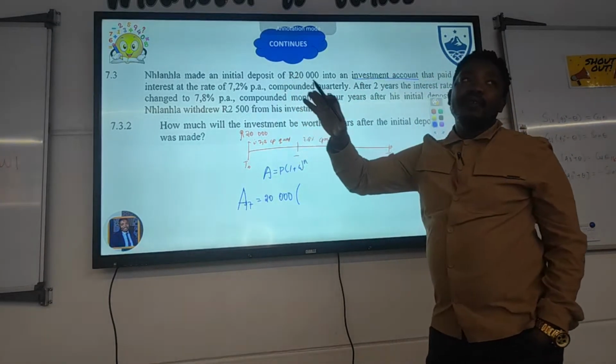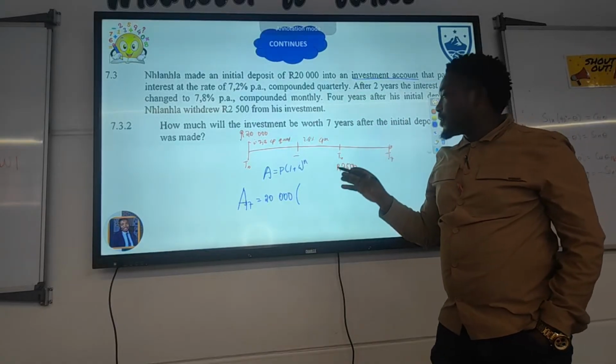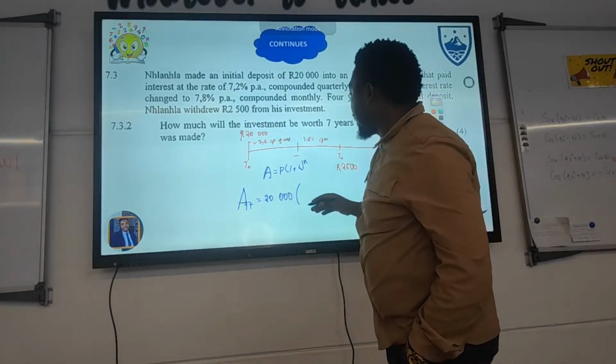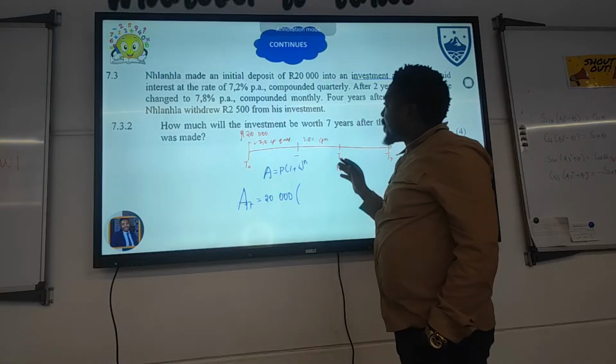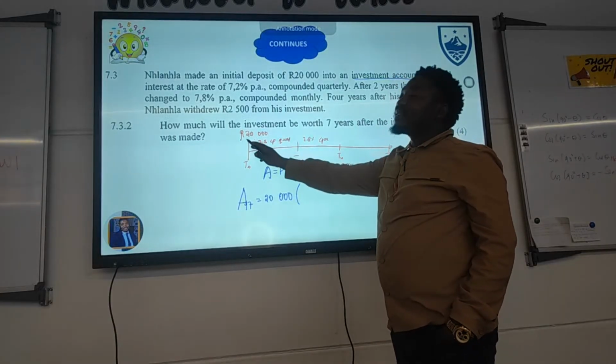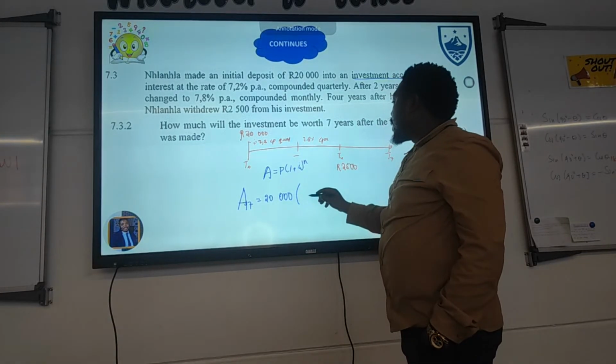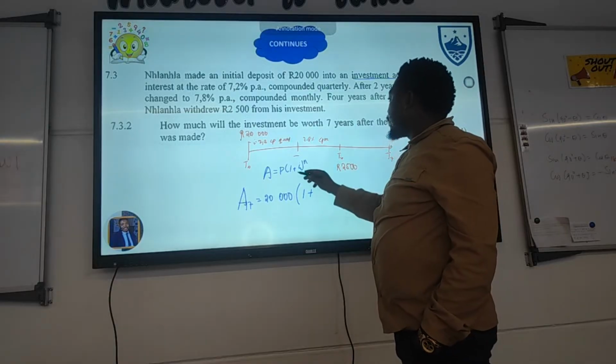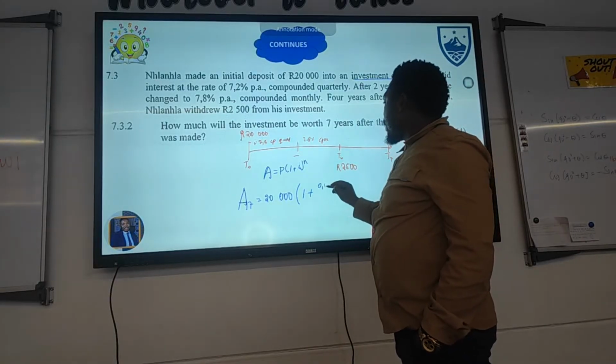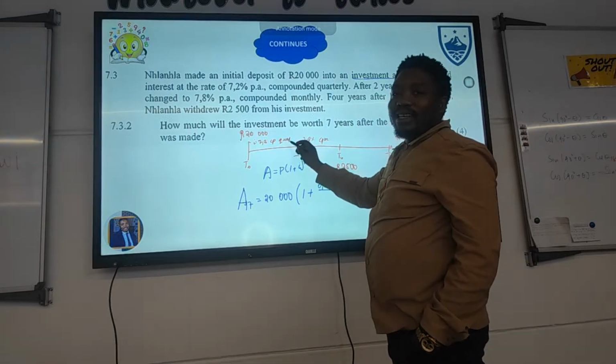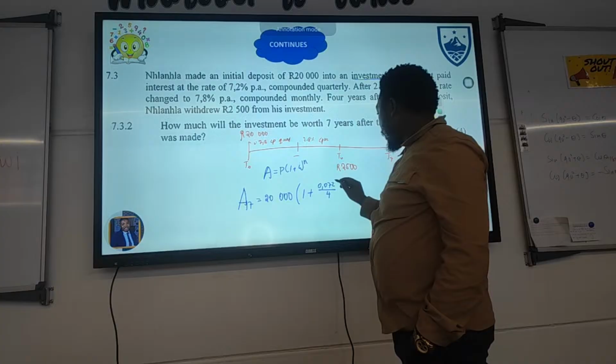This is what we got, the 23,000. I don't want to write it again and compound it, so I'm going to say 20,000, starting from here. The interest rate was 0.072, compounded quarterly, so I'm going to divide this by 4.